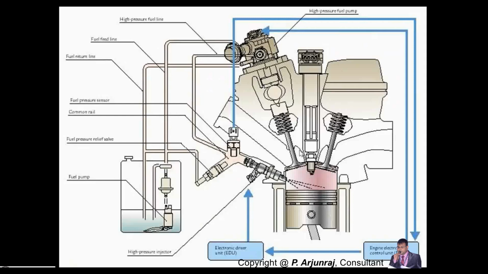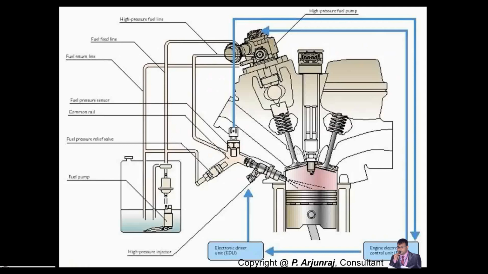I told you the definition of volumetric efficiency: the mass flow rate of the air into the system to that of the theoretical mass flow rate of the air. The theoretical mass flow rate of the air is always 100%. It is not possible to reach that. Since the air and fuel get mixed, the amount of air getting into the system is going to be lesser.